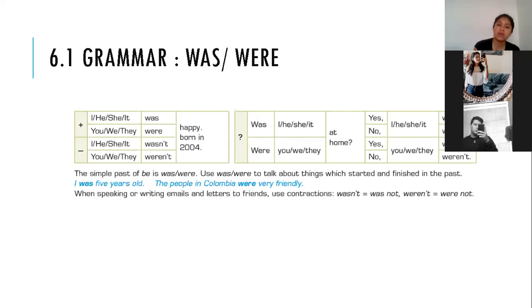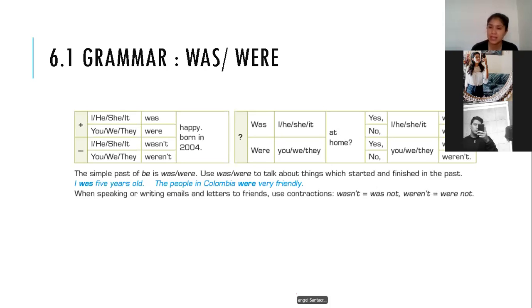We use was or were to talk about things which started and finished in the past. For example, I was 5 years old. The people in Colombia were very friendly. When speaking or writing emails and letters to friends, use contractions such as wasn't for was not, and weren't for were not.